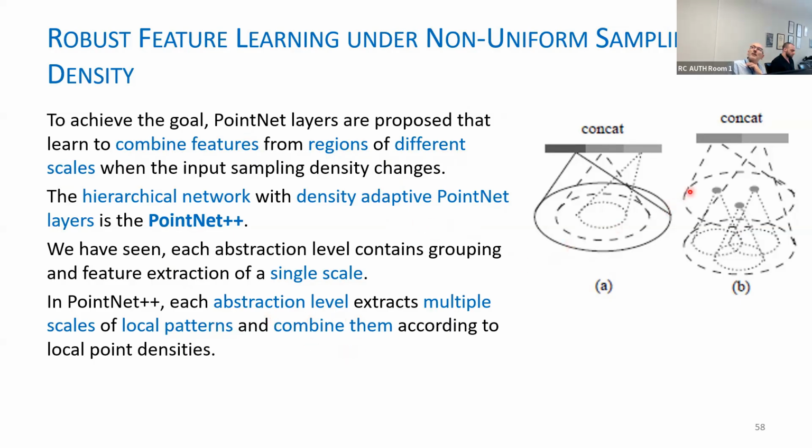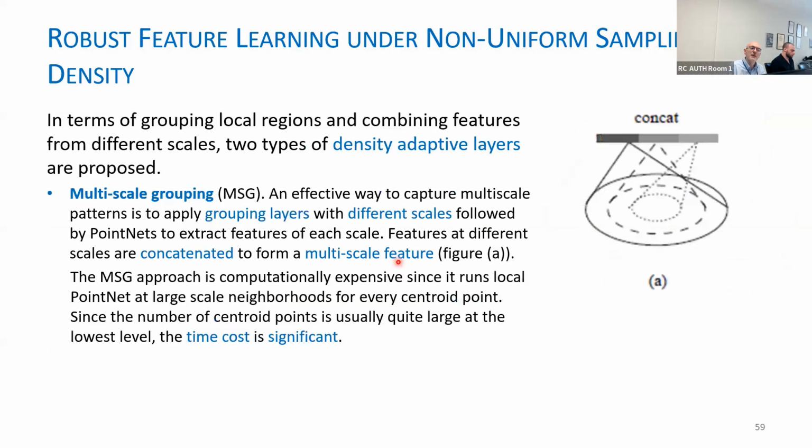So basically, there are two ways to combine together features of different regions. The first one is this multi-scale grouping.